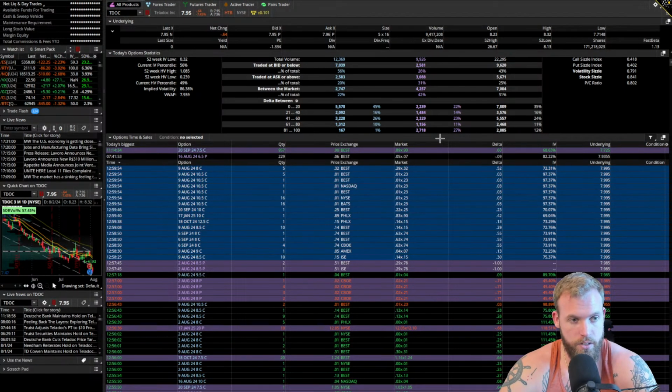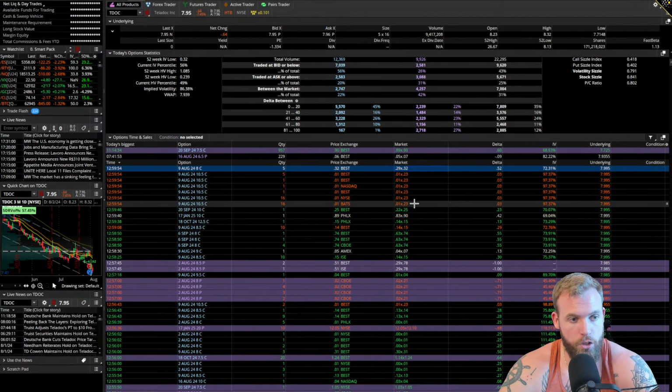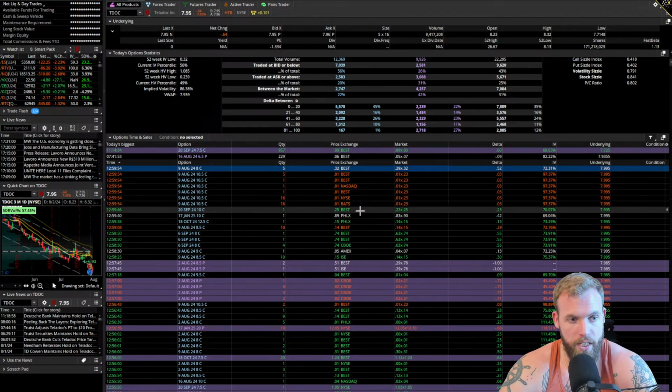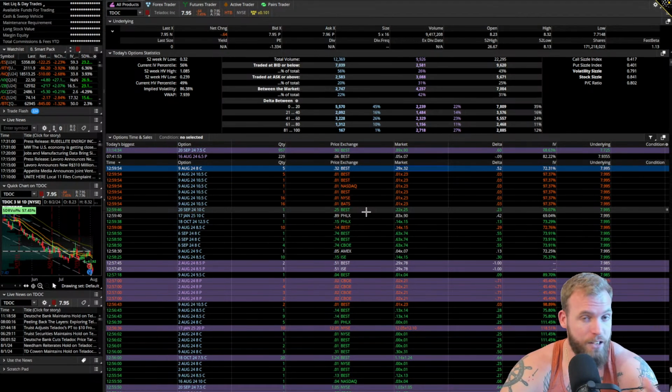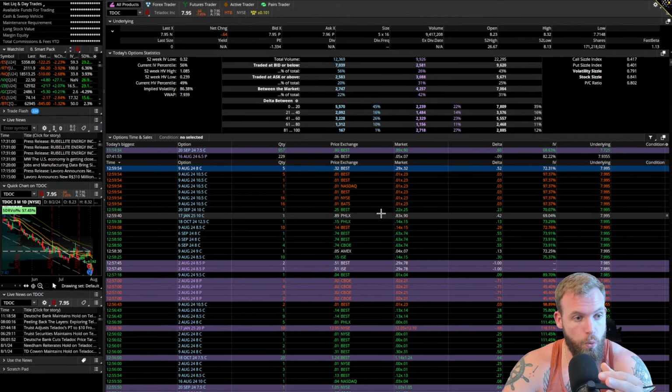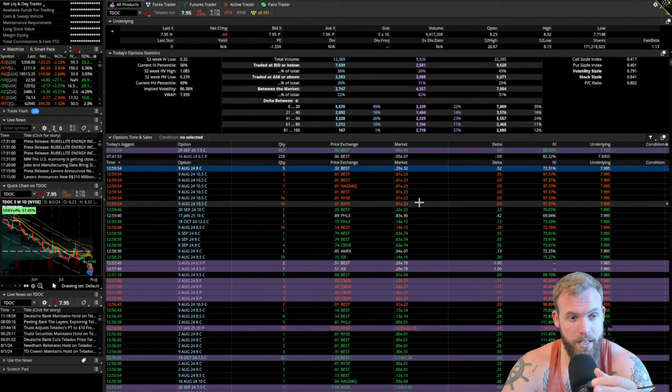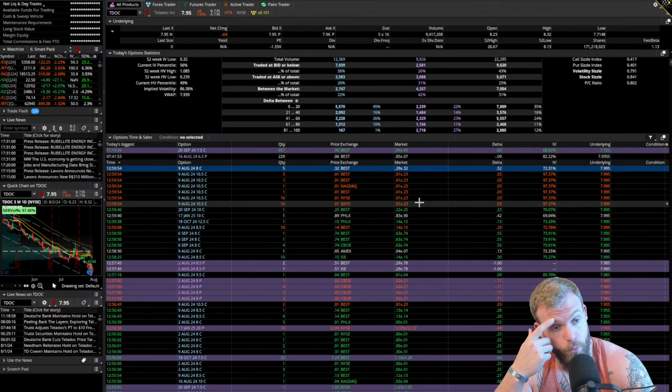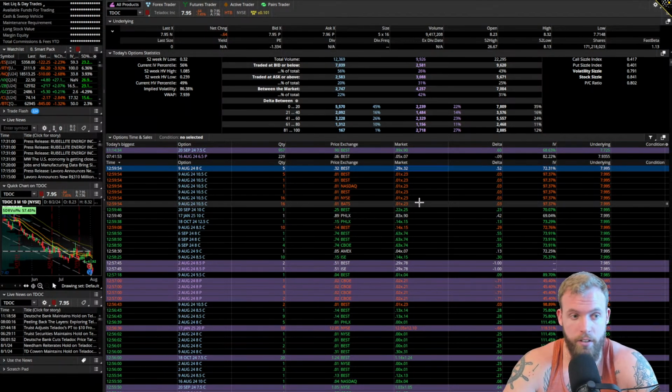Now, another really important thing for everybody to understand is that none of this is concrete. Literally none of this. So when the market shows this green for buying and this red for selling, they're still guessing. It's not certain. It's very close to certain, but it's not certain. And I think it's important to understand that. So when this is showing the market at a penny by 23, and we see the trade come in at a penny, you can be pretty certain that this happened at the bid.